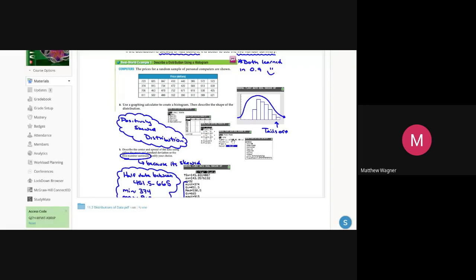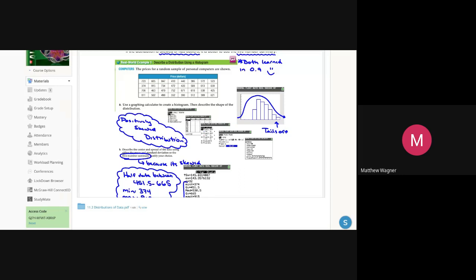Make sure it's the histogram, which is the third one over. With all of your data, you need to reset your window each time to fit your data. You can see we went from 0 to 1,000 for my X values, and then just 0 to 10 on the Y. Typically 0 to 10 on the Y is going to get all of your information.